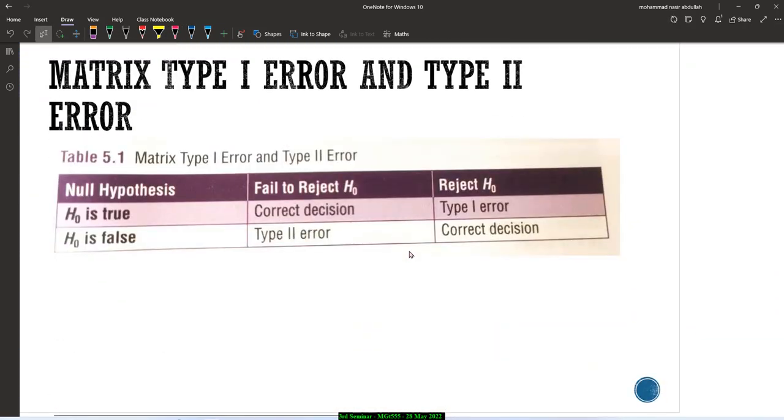Now, let's look at type 1 error and type 2 error. Nanti you boleh baca balik semula. And this is the function of alpha. 0.05 means that we are reserving 5% of making type 1 error and type 2 error lah. Right?